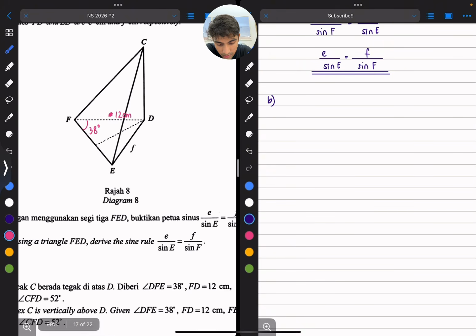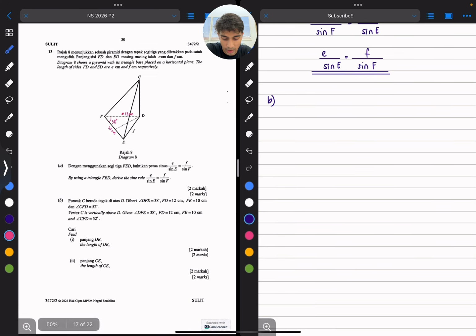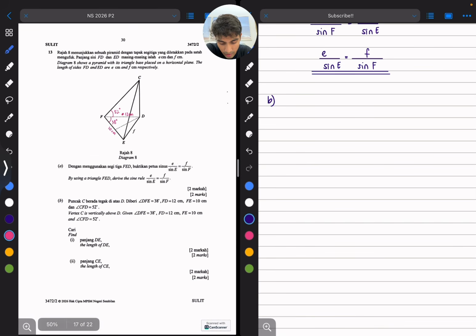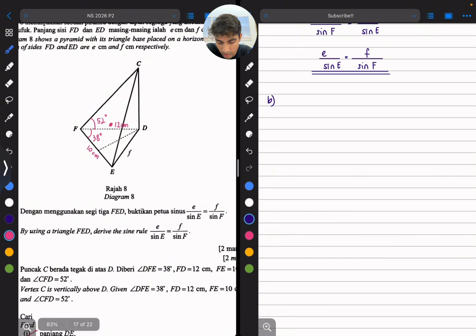FE is 10. Okay. And CFD is 52 degrees. CFD is here, so this one is 52 degrees. Find the length of DE. Okay, so we want to find this length.